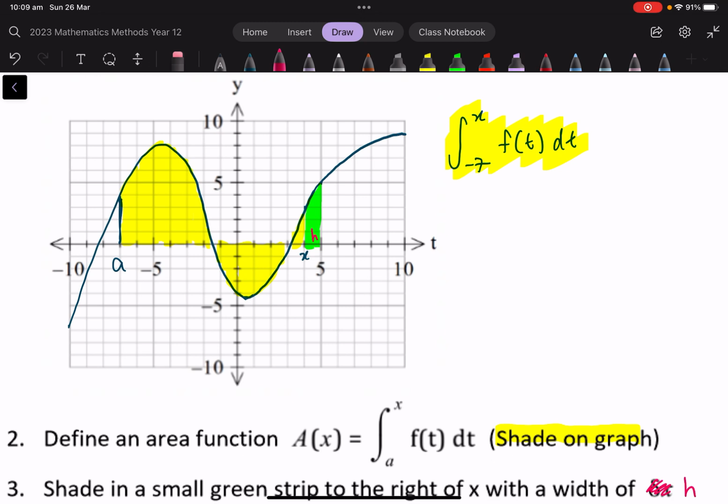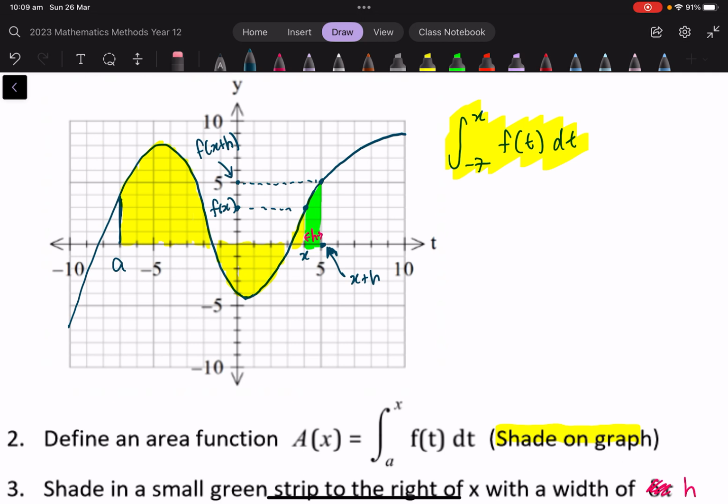So this new value, where x equals 5, if the width of our green strip is h, so the width of our little section there is h, it means that at 5, where that current dot is, would be x plus h. On the y-axis, where x is, that'll be f of x. And up there, where the 5 is on the y-axis, that will be f of x plus h.